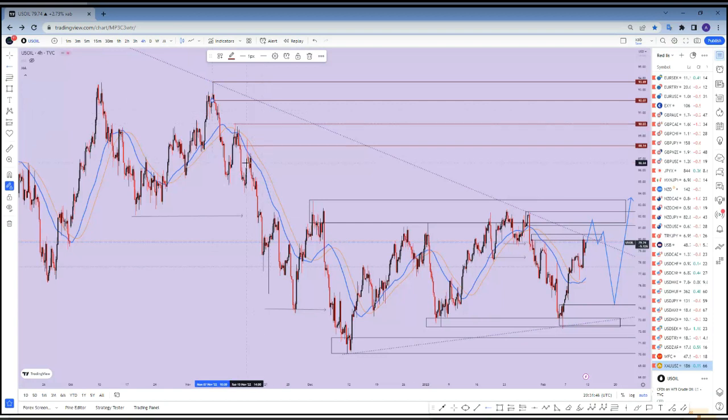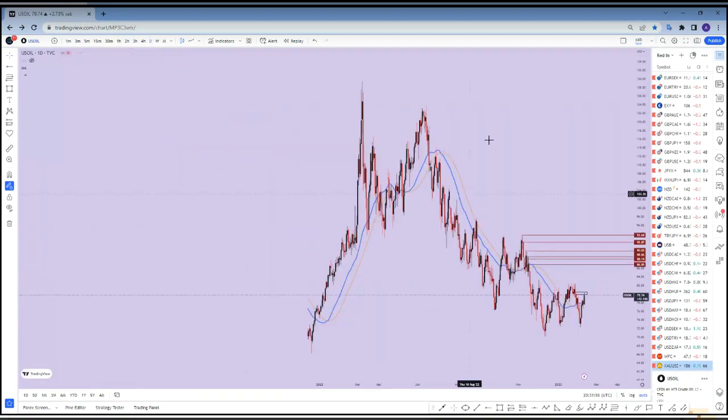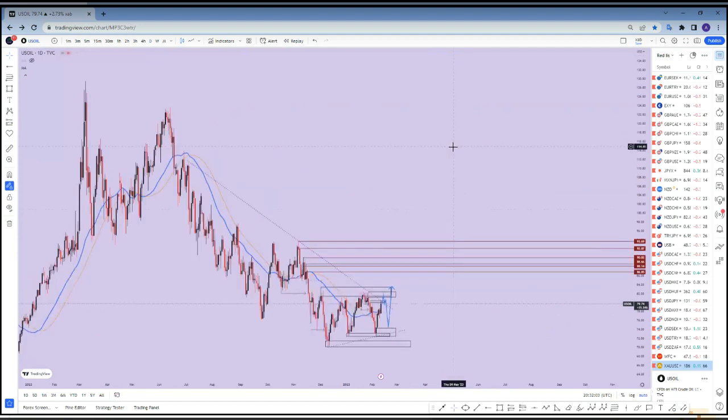So yeah, that would do it for me. I expect price to come all the way up here, but not without some initial turbulence at first. All right, so that's US oil.